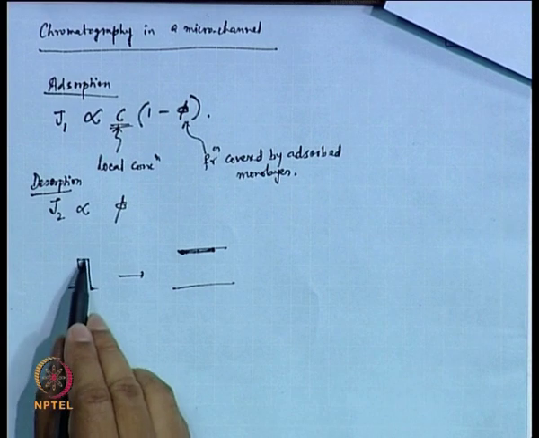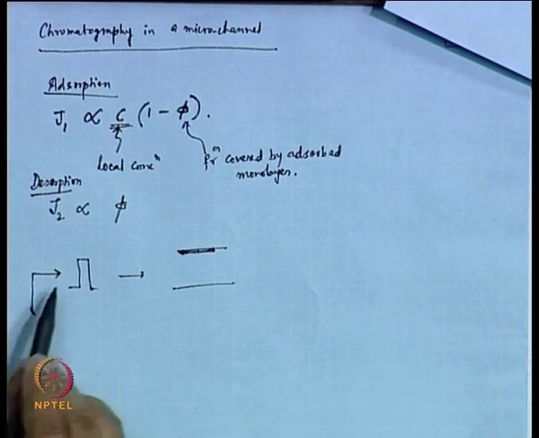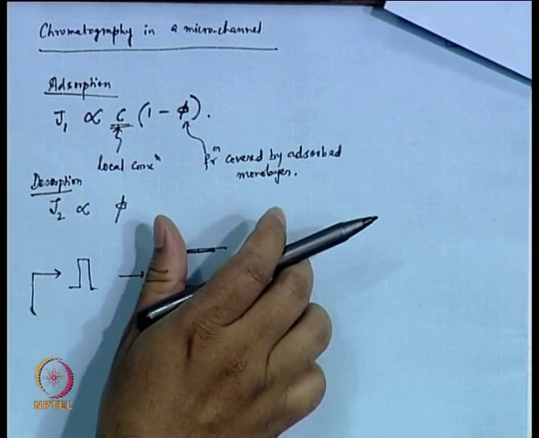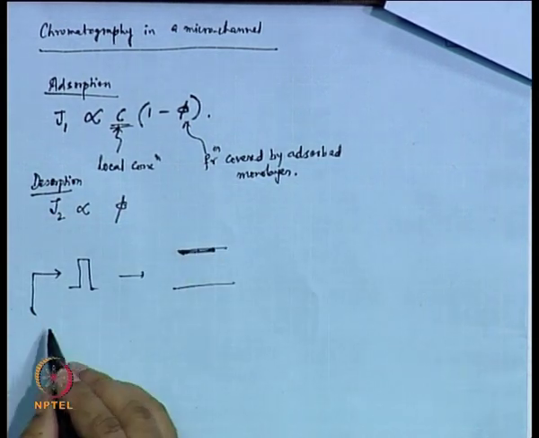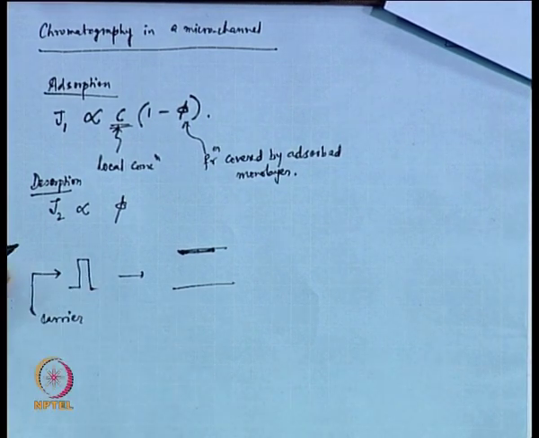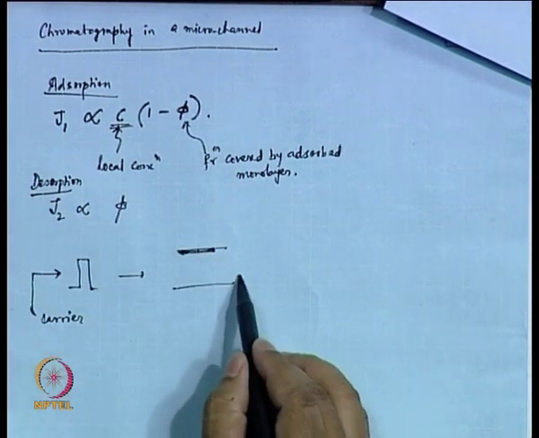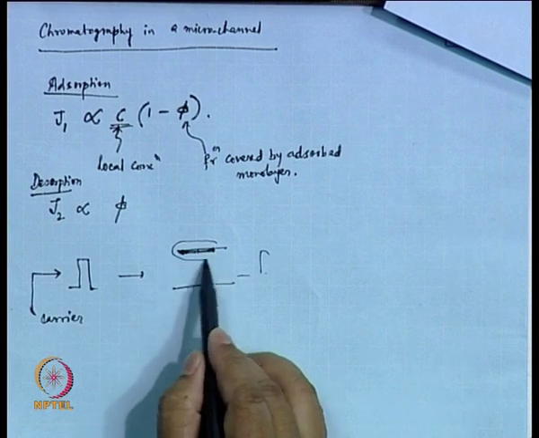So, there is a pulse of this A, B, C, D, and then you have a carrier fluid. That carrier fluid is pushing this pulse. I am talking about the carrier, which is typically an inert gas for a gas phase system. So, this is pushing it down. Once this pulse is gone, what will happen to this adsorbed layer?